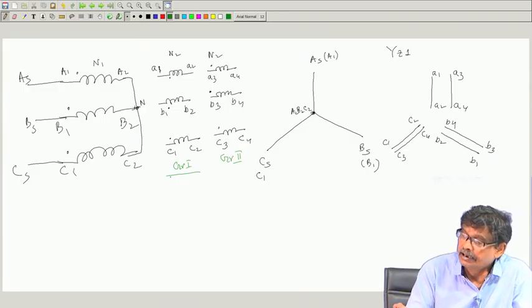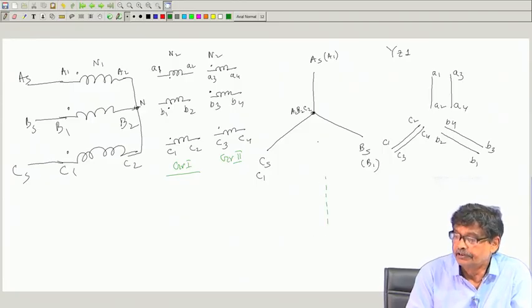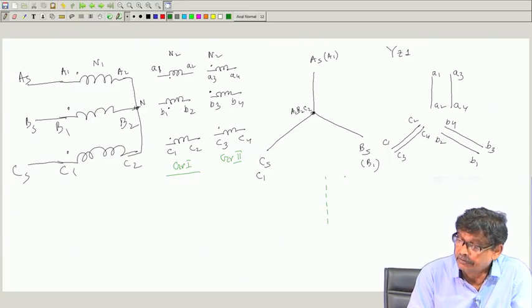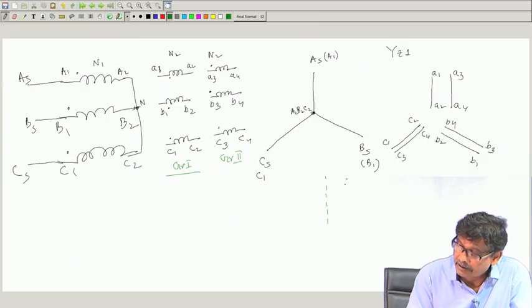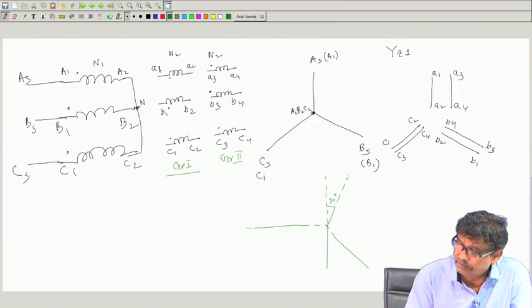So, I want to get YZ1, which means this is the primary voltage, with respect to this the secondary voltage will be lagging, a line voltage with respect to the secondary neutral will be lagging by 30 degree, is it not. These will be the phase voltages. This we have done, I will do very quickly. So, this is the thing.